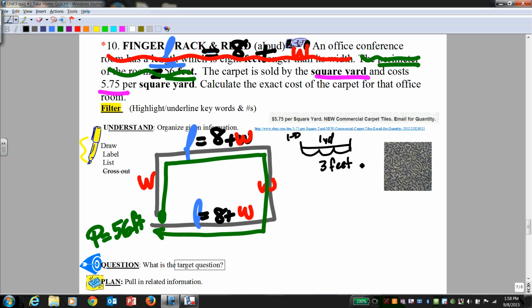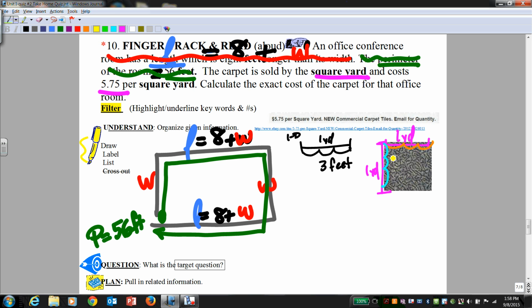That's in the first dimension when it's just length. Be very careful when we're dealing with a square yard. That's a yard, 1 yard. And then this way is a yard, 1 yard. So here we have 3 feet long going this way. Here you have 3 feet long going this way.